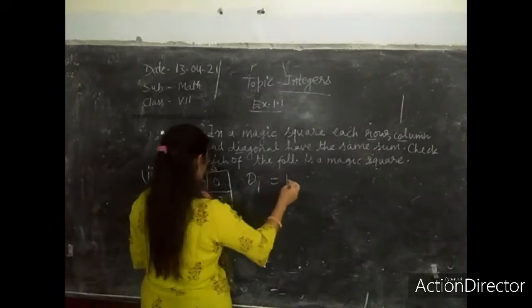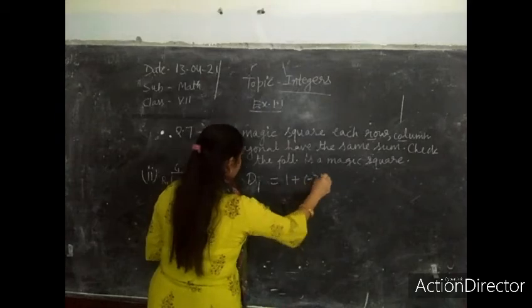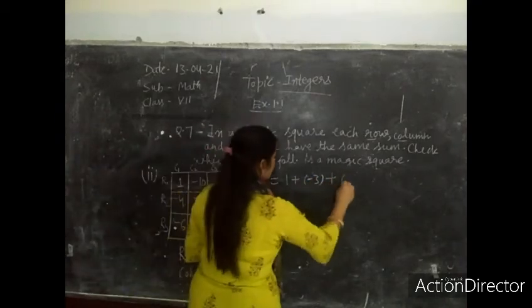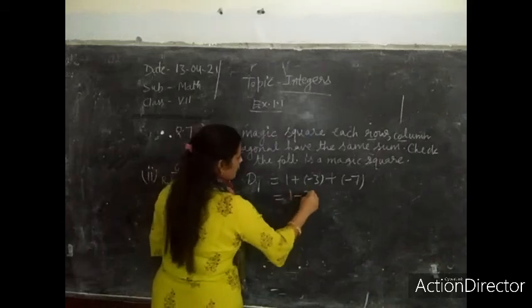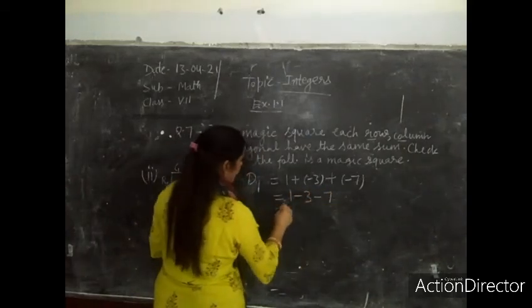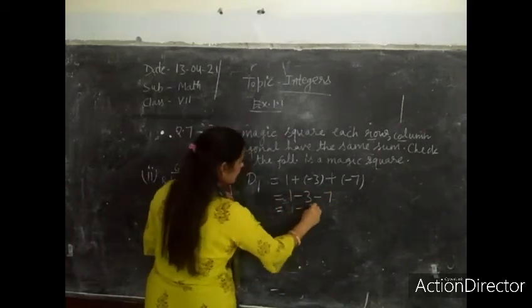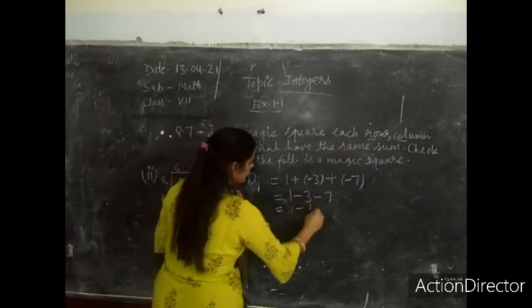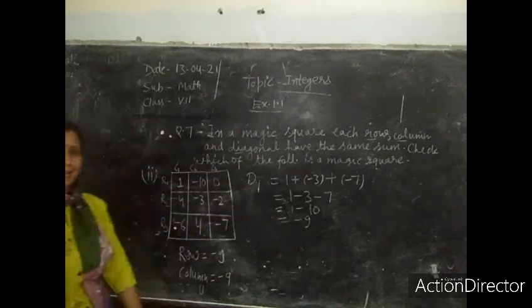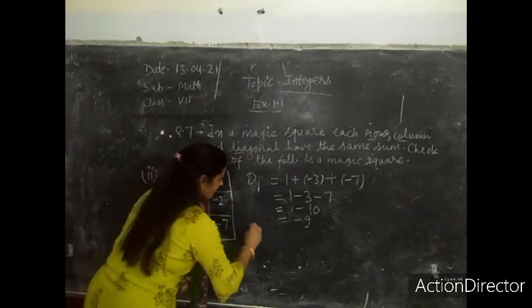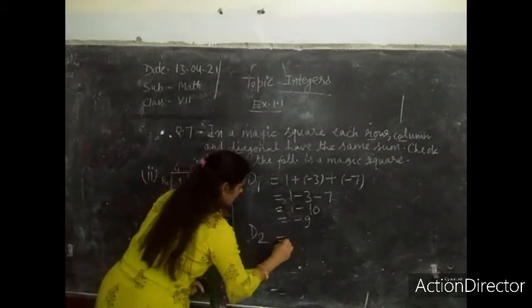So I am adding 1 plus minus 3 plus minus 7. Now open the bracket. 1 minus 3 minus 7 equals 1 minus 10. So minus 9. D1 is minus 9. Up to here we are going absolutely right.